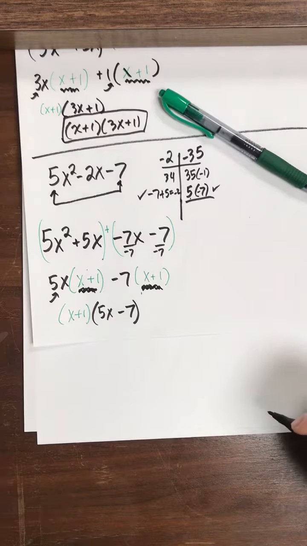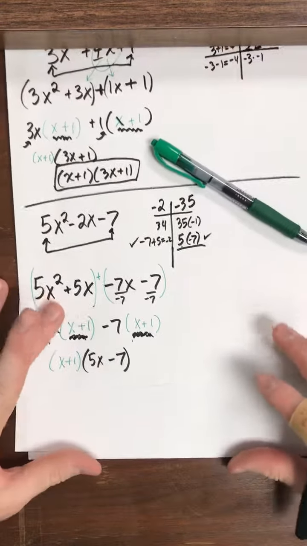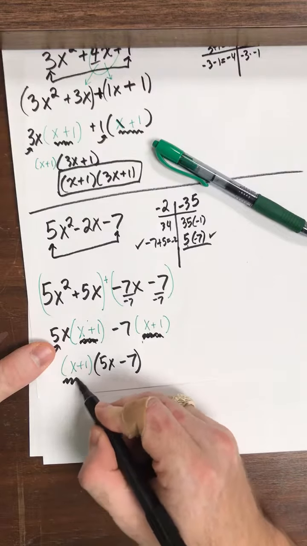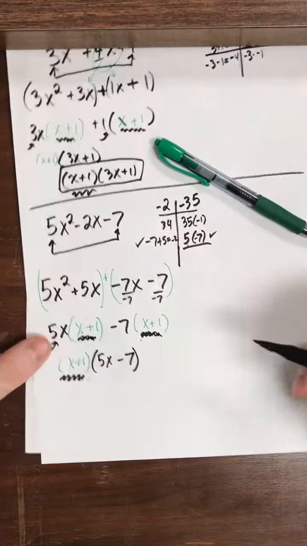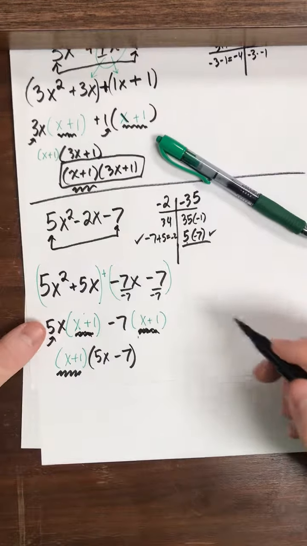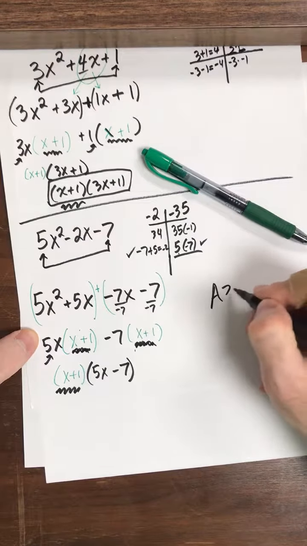So that was kind of an accident. Don't start thinking that x plus 1 is always a factor to every answer. So there you go. AC method where a is greater than 1.